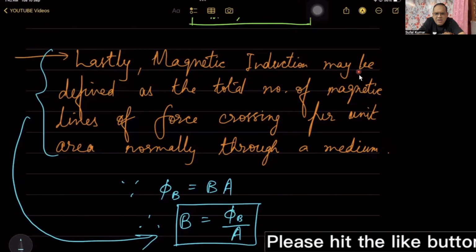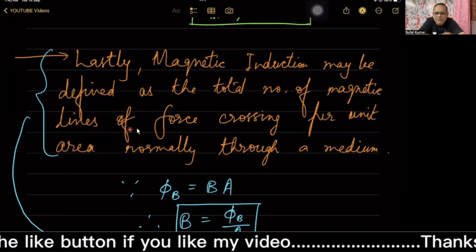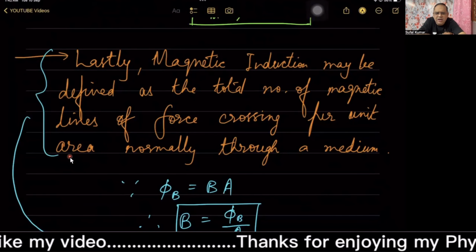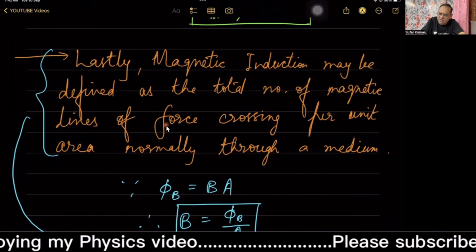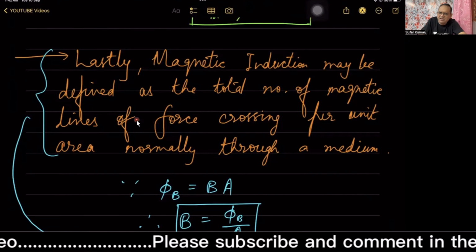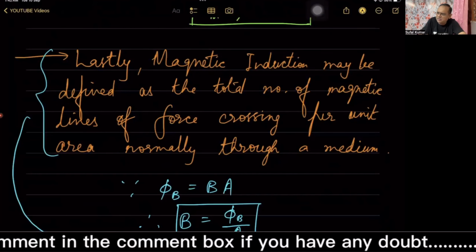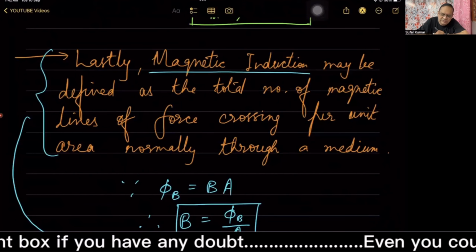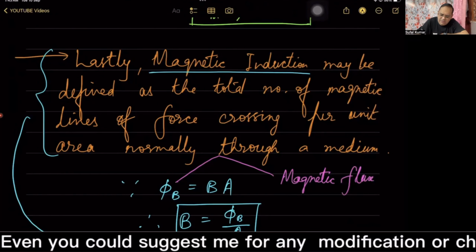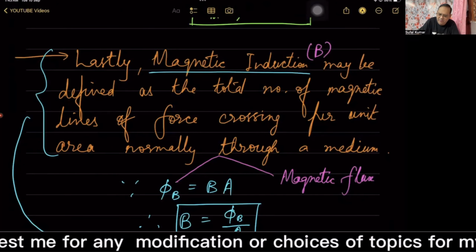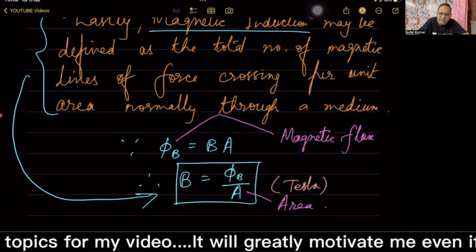Magnetic induction may be defined as the total number of magnetic lines of force crossing per unit area normally through a medium. Flux is the total number of magnetic field lines passing across any area normally, and per unit area. So this is the general B, this is magnetic flux, and this is area. The unit is Tesla, only Tesla.